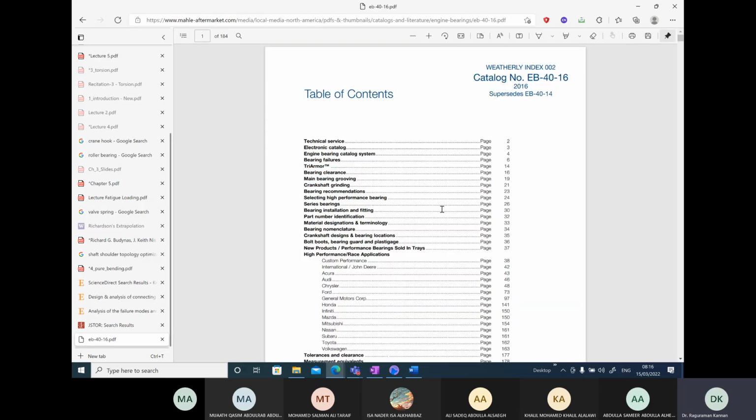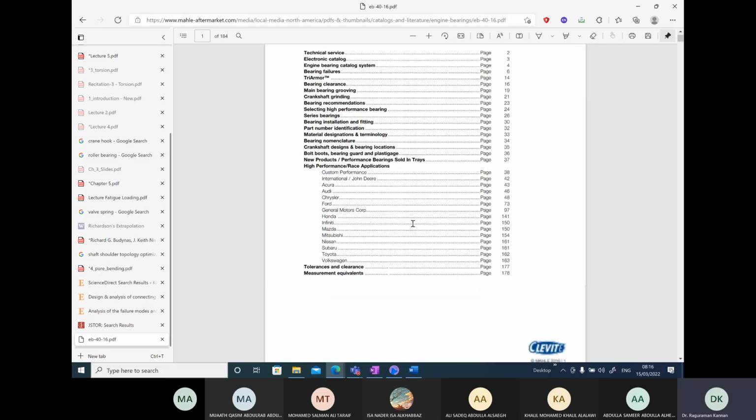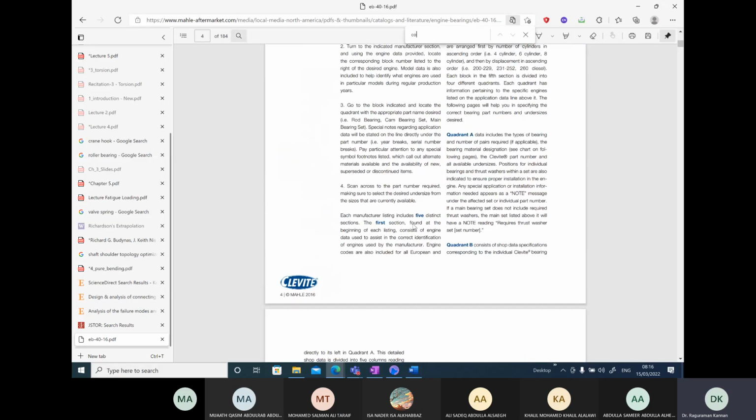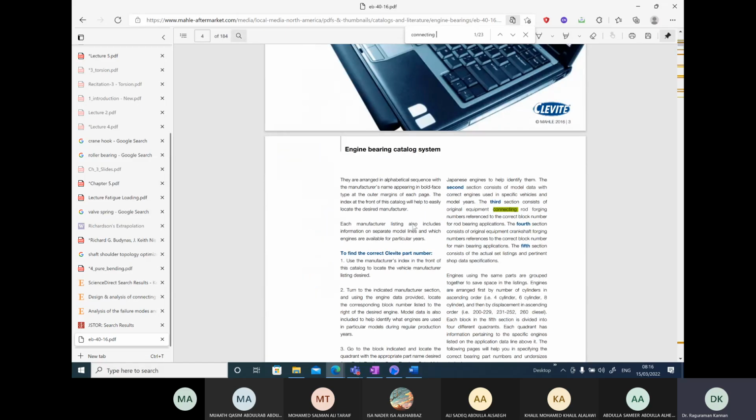Okay, let's take some time to open your PDF files. One second. Okay, so this is a catalog. You can see this is a brochure, some company's catalog, and it may have some information regarding connecting rods.